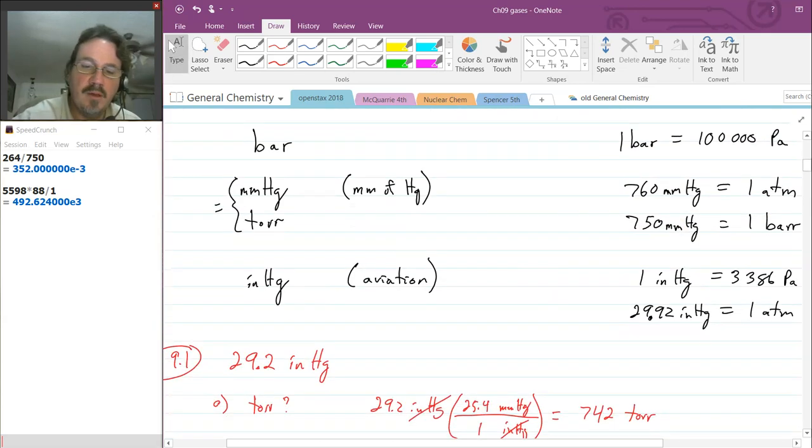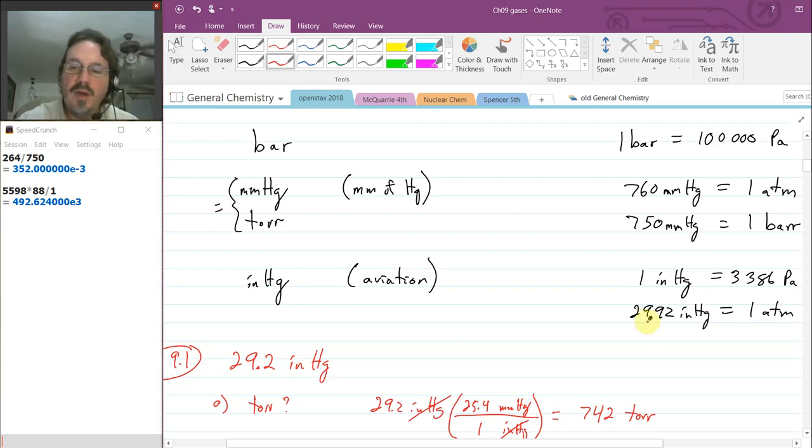One last one, inches of mercury. Well, if I could do it in millimeters, I could do it in inches or meters or really anything. Inches of mercury is a perfectly good unit of pressure as well. It's used in aviation all the time. If you get your pilot's license and you want to fly, most atmospheric pressures for planes are measured in inches of mercury. And the airport will tell you, today's pressure is so many inches of mercury.